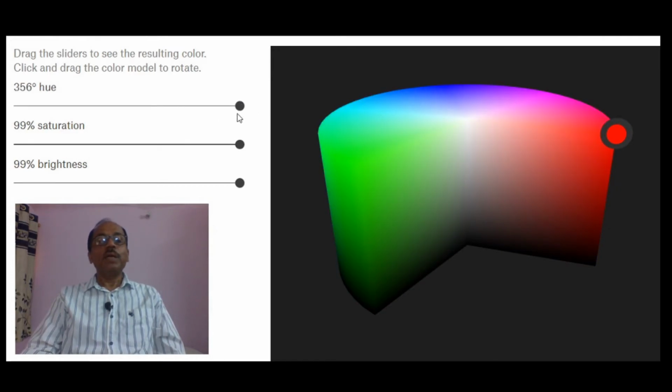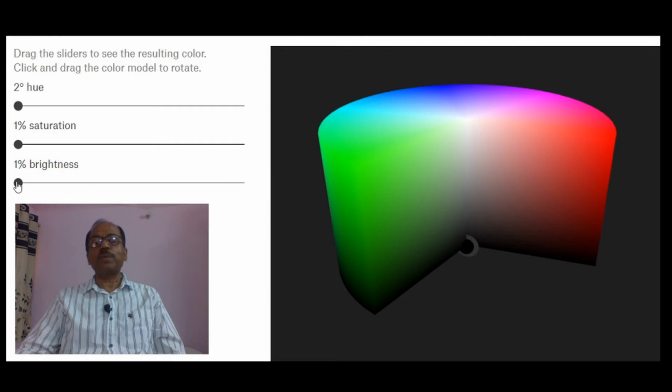If it is about 360 degrees, about 100%, then the color will be red, as you are seeing inside the circle. If the degree is nearer to 0, the saturation is also nearer to 0, and the brightness is also least, I mean 0%, you are seeing that again it is composed as black.